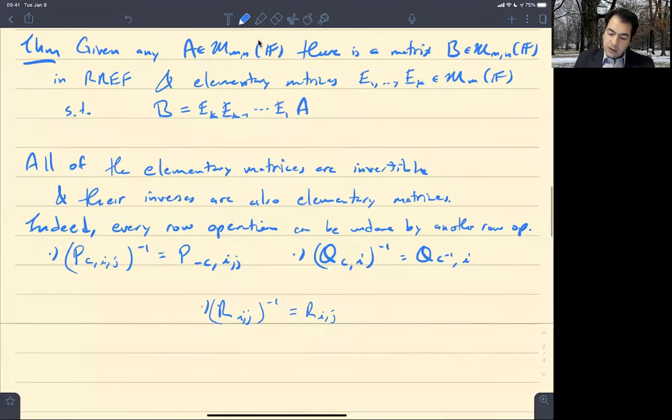Okay, so now we could state this theorem differently by just putting all the elementary matrices on the other side, by taking their inverses, right?